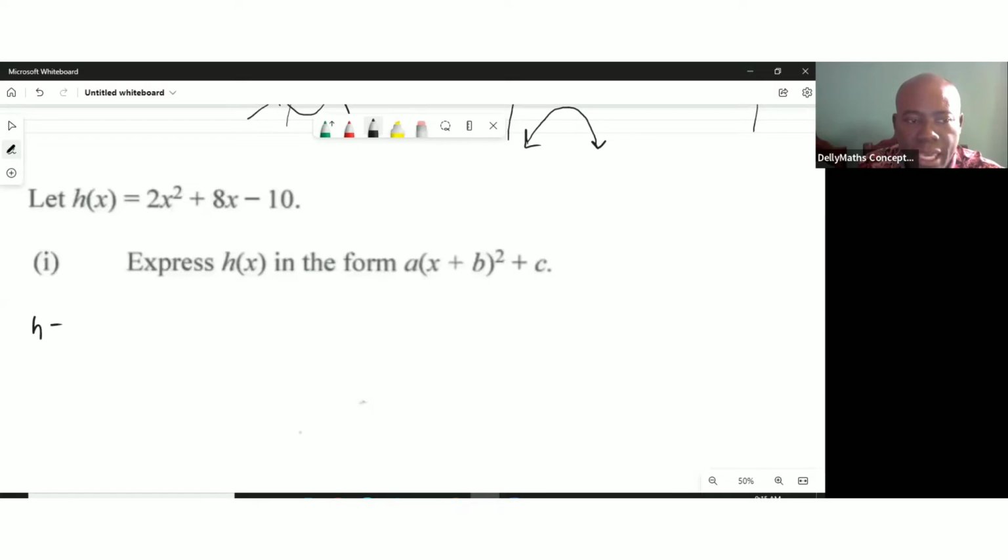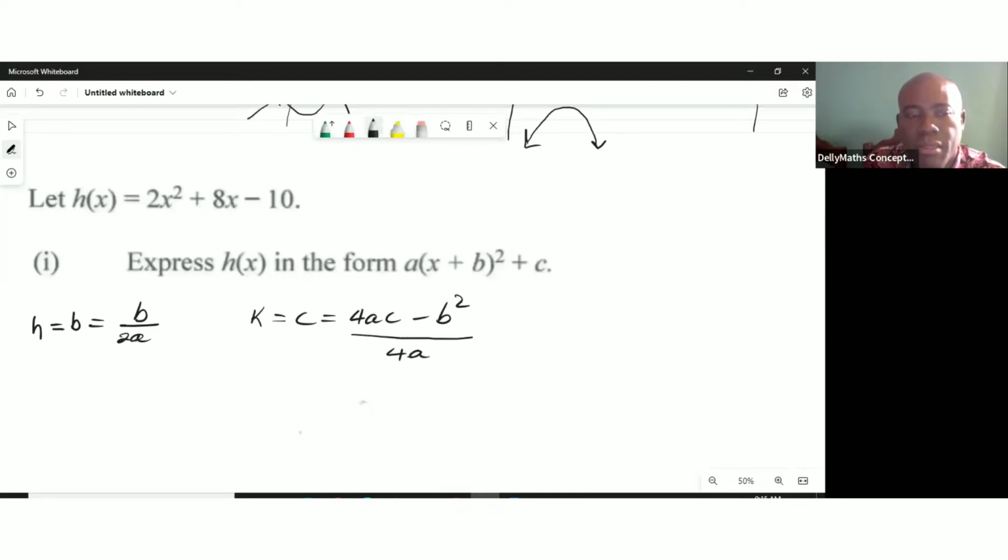The h is what most persons are accustomed to, but it is a b value now. You can find that by doing b over 2a. And the k value that we normally see is a c value now, and that is 4ac minus b squared all over 4a.